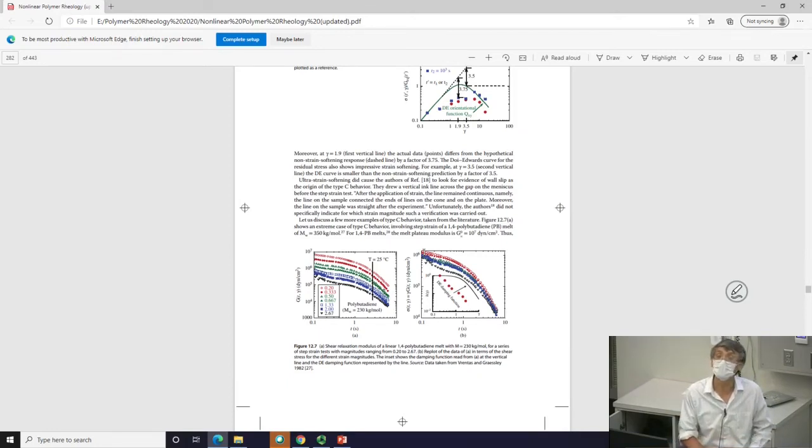How can that be? Do you have an answer? How can you have your stress being lower when you apply the higher strain? As soon as you stop shearing, you find the stress you produced was actually lower.